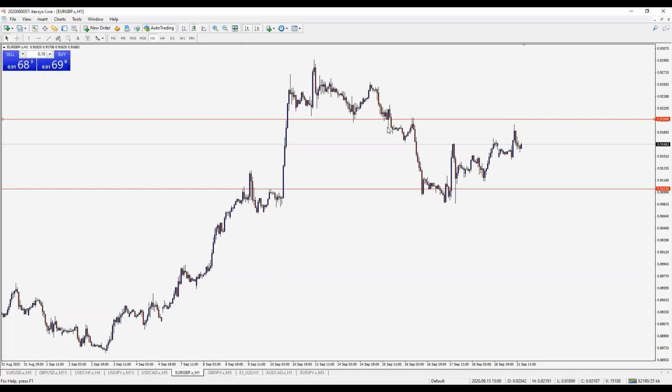And therefore I opened a sell position somewhere here in this area, and I closed it somewhere here. I took only about 50 pips. Okay, after all, you can see that the price reached this demand, and this is what happened.